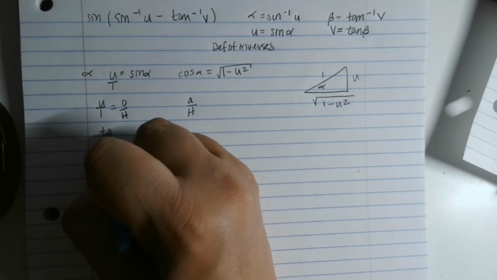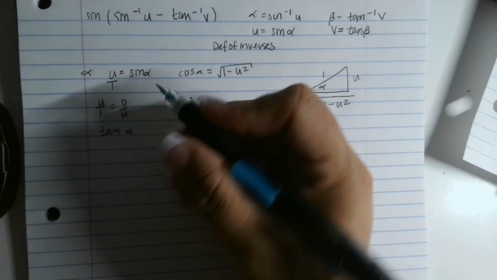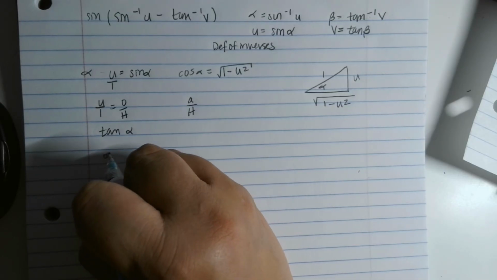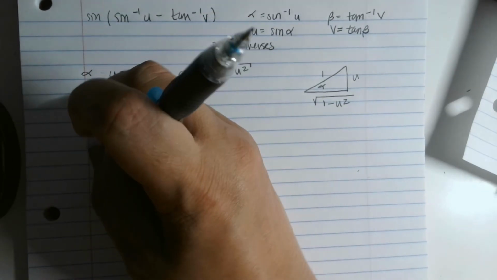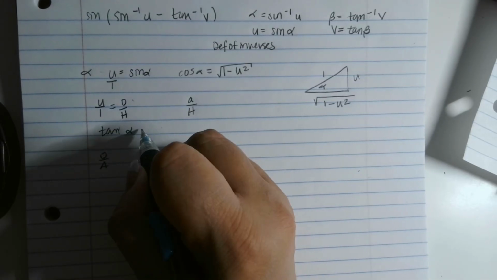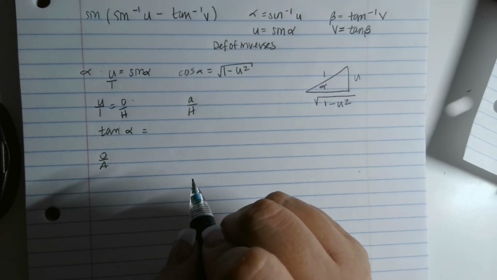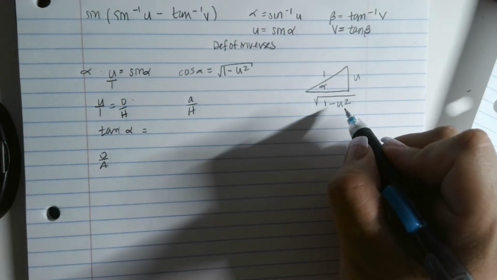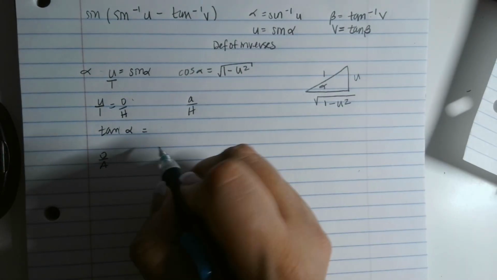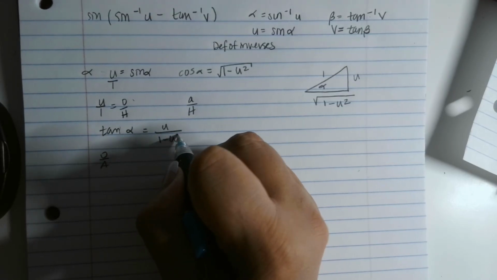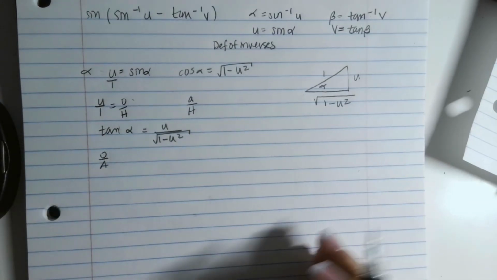And then tangent alpha is opposite over adjacent. So that's going to equal u over the square root of 1 minus u squared.